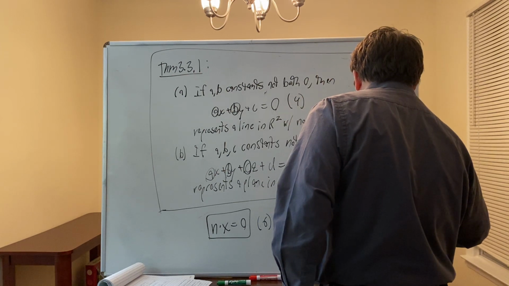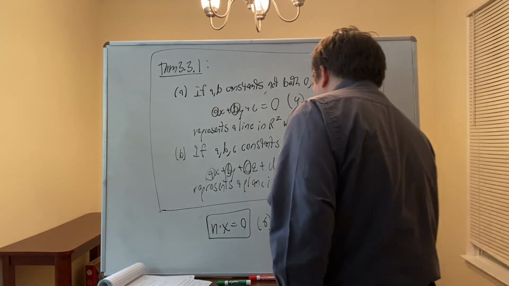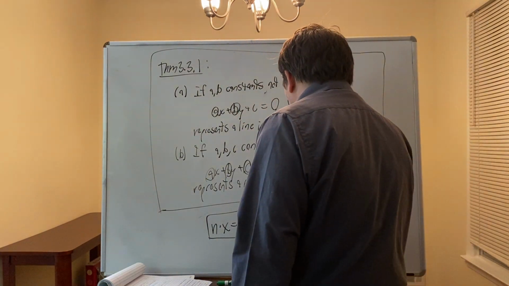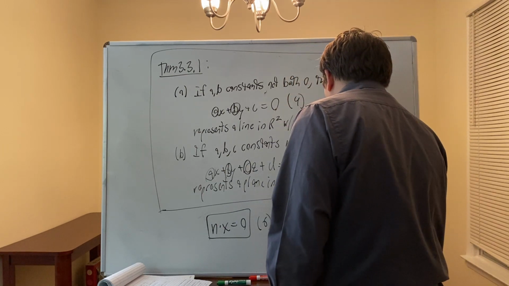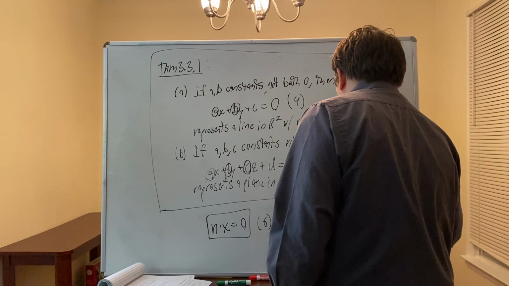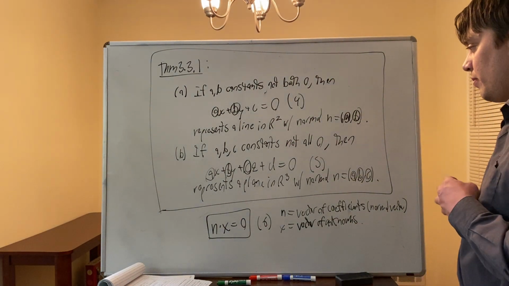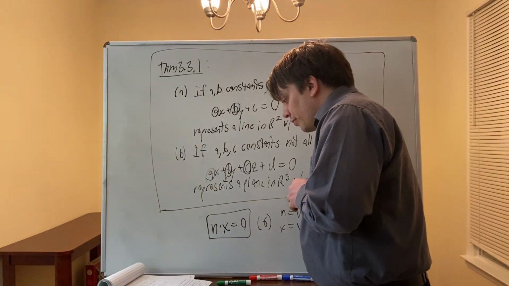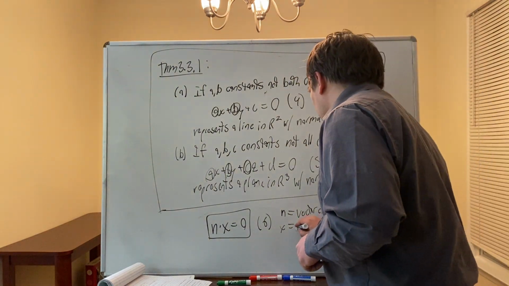Normal vector. And here x is the vector of unknowns. Is a vector of unknowns.